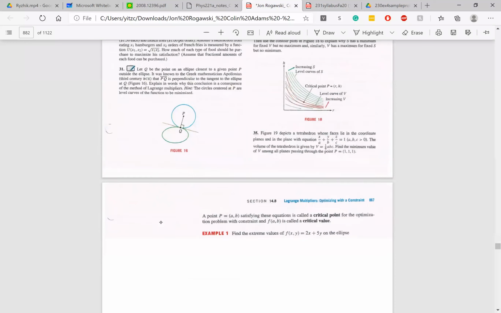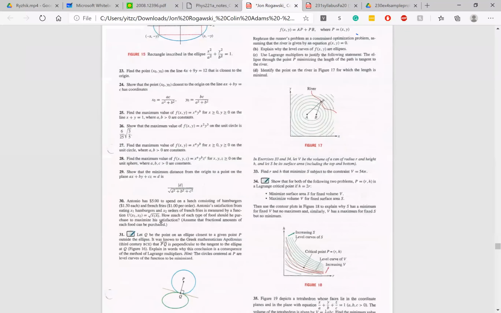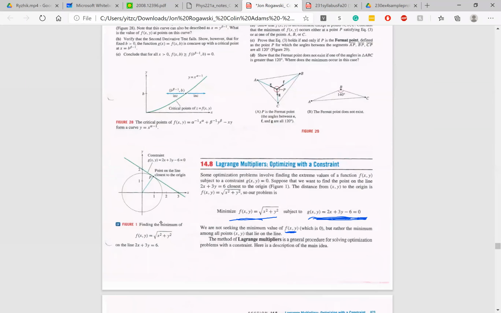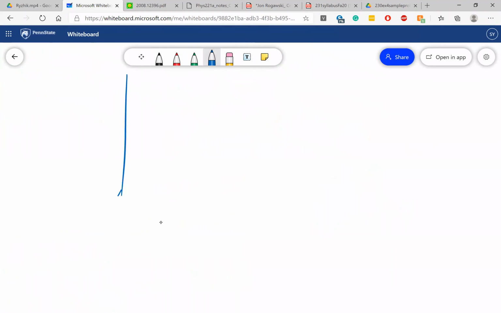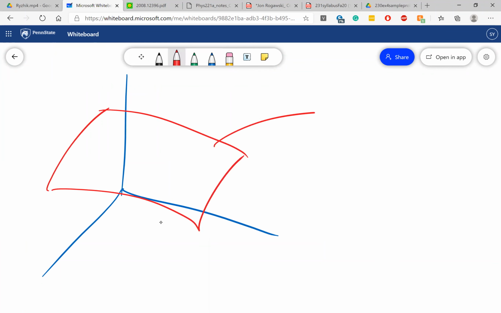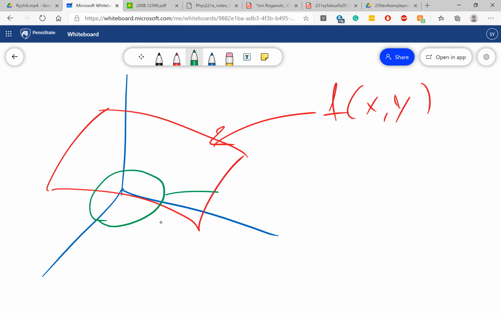So in essence, what we're trying to do with Lagrange multipliers is find critical points of a function, but subject to some constraints. So we can imagine that we have some function f. So this is our function f of x, y, and we want to find the critical points, the maximum and the minimum of this function, let's say subject to the constraint that we're on a circle of radius 2.